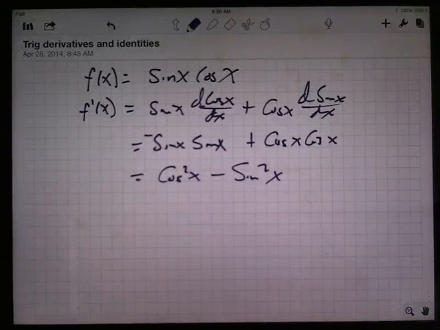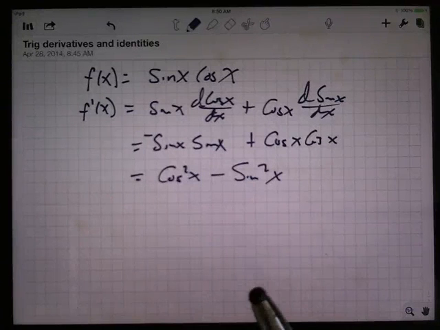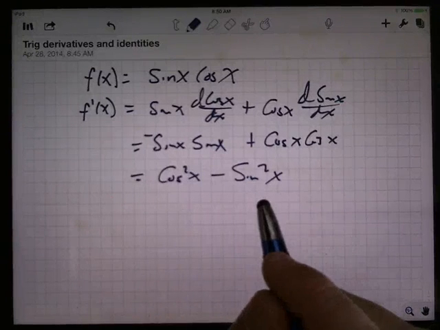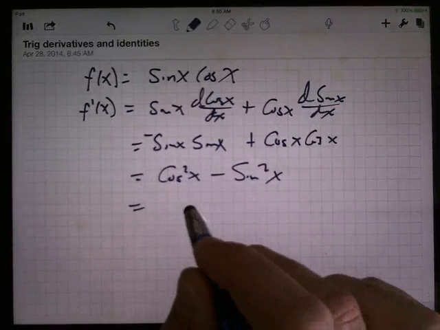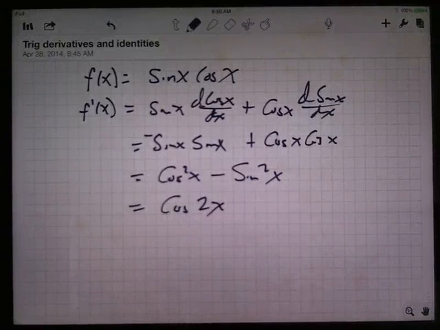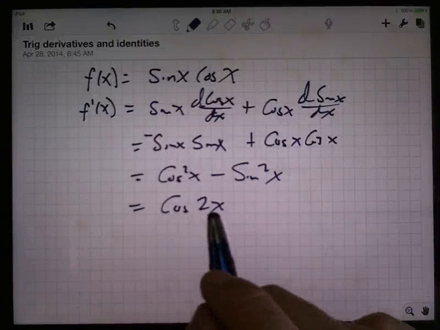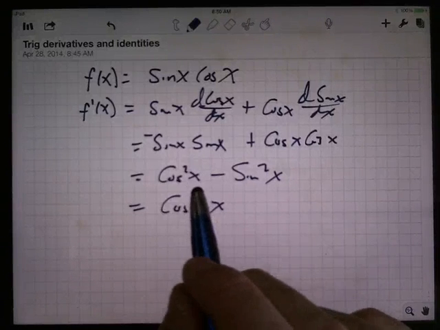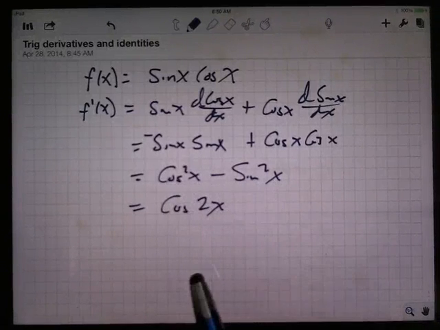However, if this were a problem out of the book and you looked up the answer in the back, you may not see this as the answer. What you may see is this. There's a trig identity, one of the double angle formulas for cosine, that says that cosine of 2x is equal to cosine squared x minus sine squared x.